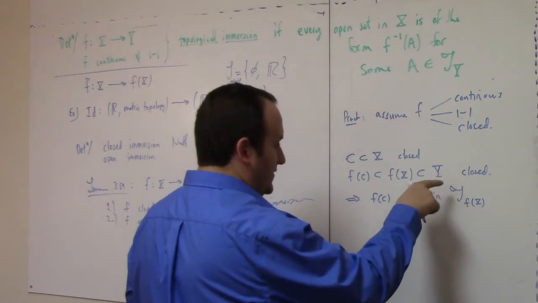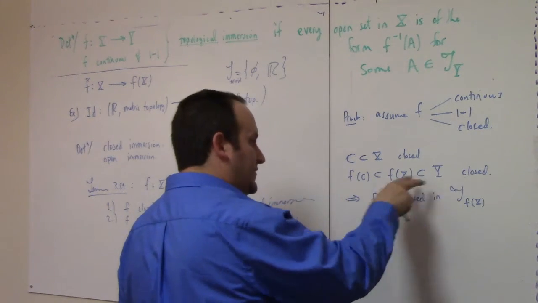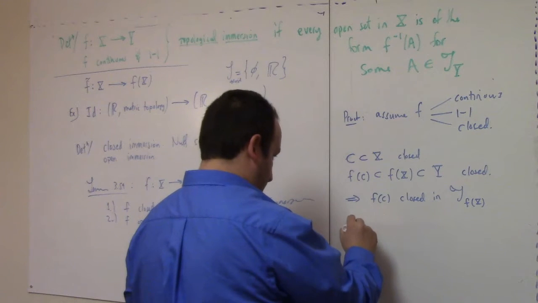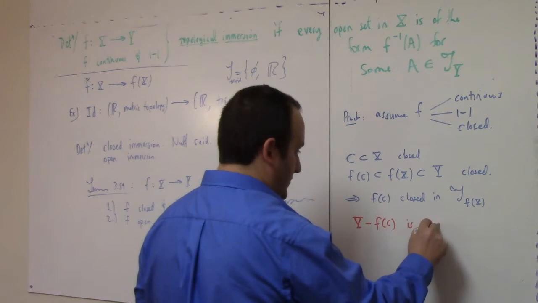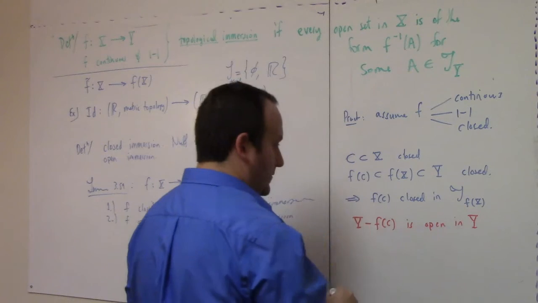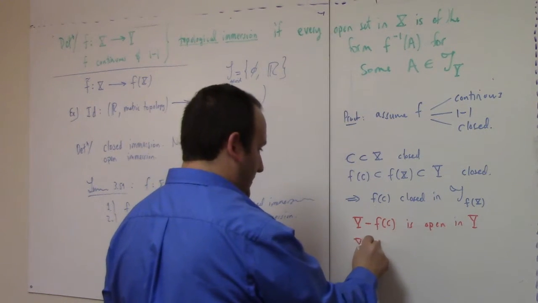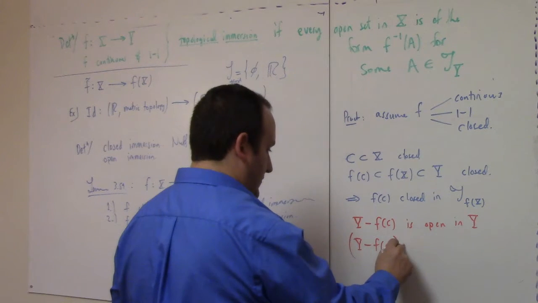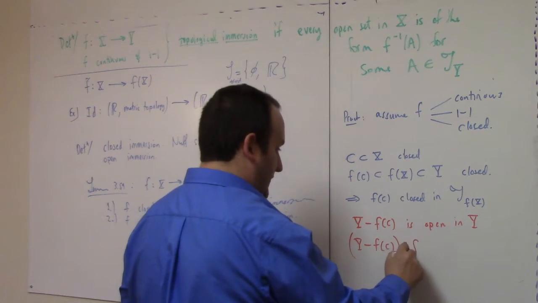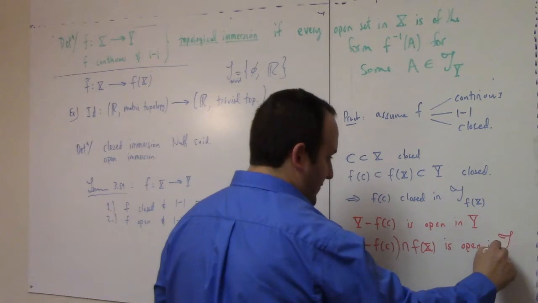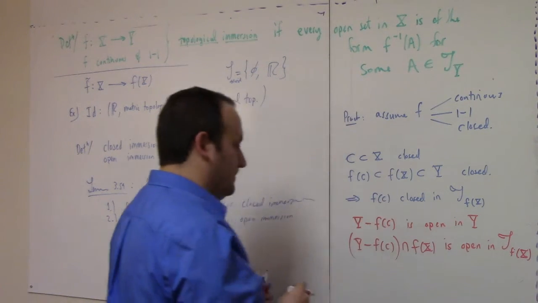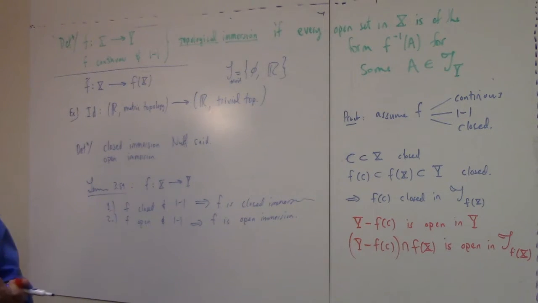Being closed in Y means that Y with the set f of C removed is open in Y. So that means that Y with that set removed, intersected with f of X, is open in the subspace topology of the image, because the intersection of any open set in the larger space with the subset gives an open set. That's the definition of subspace topology.